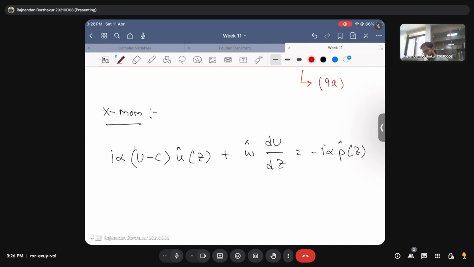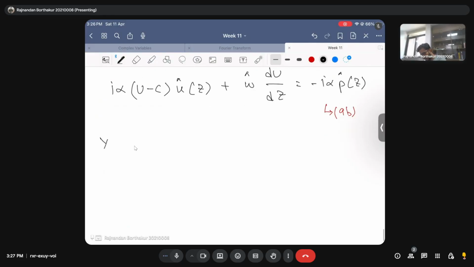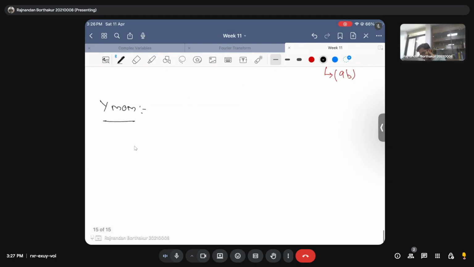That's your x momentum. Maybe I name it as 9b, and your y momentum would look like i alpha times U minus c v hat of z equal to i beta p hat of z.